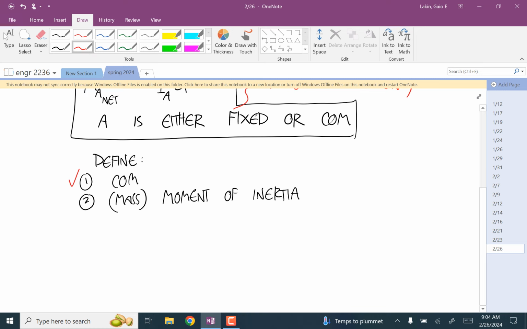And we're done with both of those. So the last one we have to do is the moment of a force. And we'll just call it a moment.